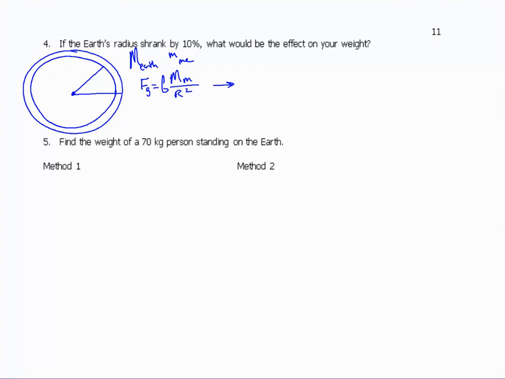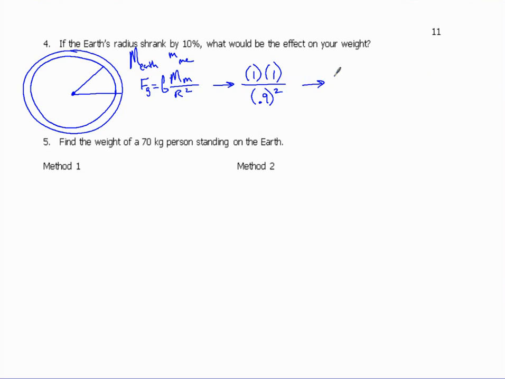For this one, we don't have to put in every single number. We can just use what we were doing in the previous chart. We know that G is a constant, so the mass of the Earth didn't change, its radius just shrank. My mass didn't change, so those are both multiplied by 1. We shrank the radius by 10%, so the new radius is only 0.9 of the original radius, and we're going to square that.